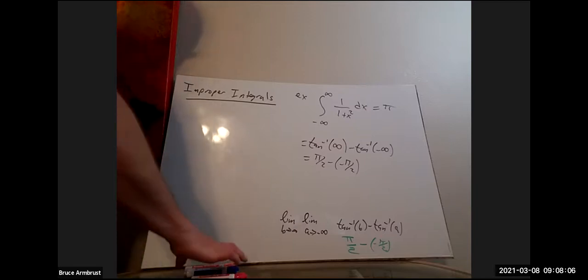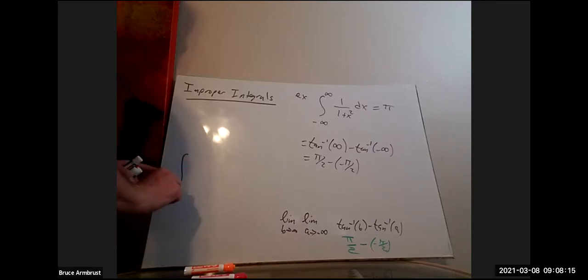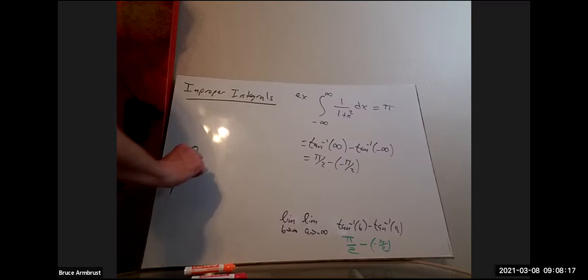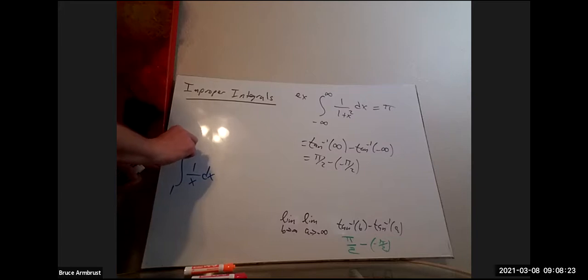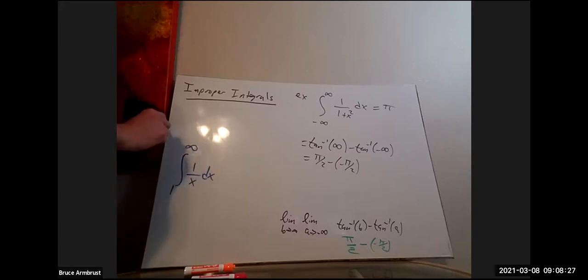And I want to show you this one because there's something funky about it, something fun we can do with it. But let's look at this guy again. I think we did this as an example. I don't really remember because we did a whole bunch of different powers. But let's look at the integral from 1 to infinity of 1 over x dx.